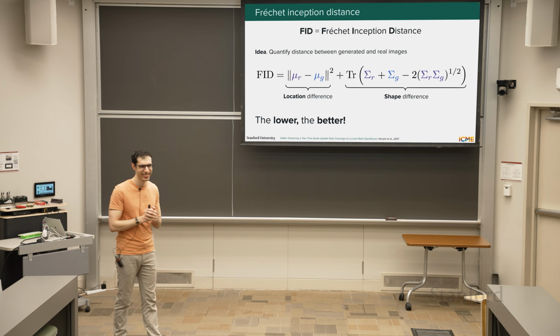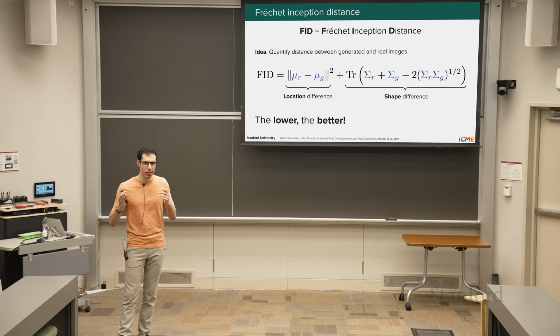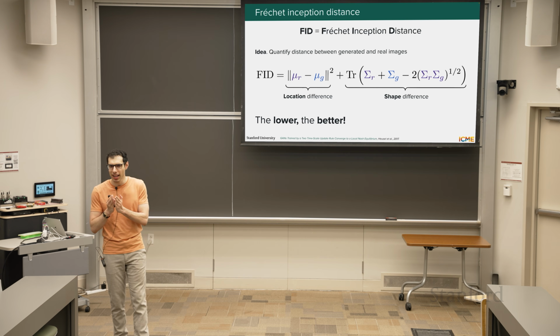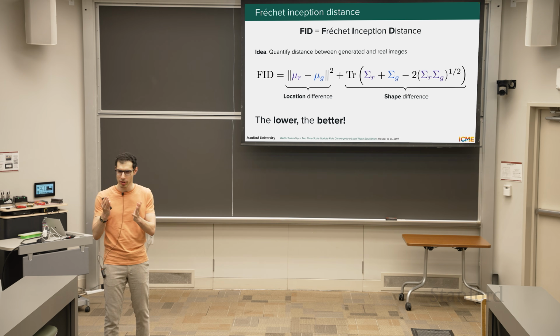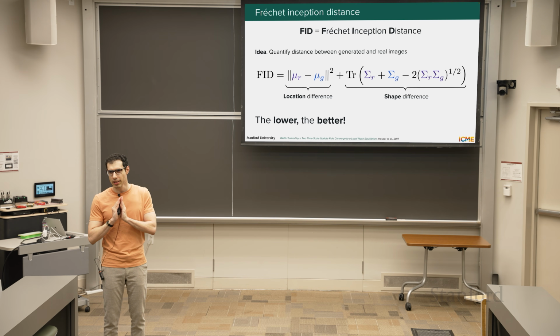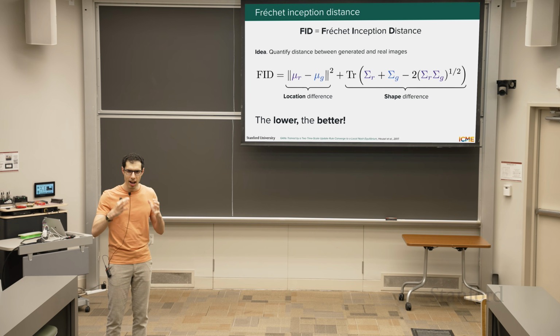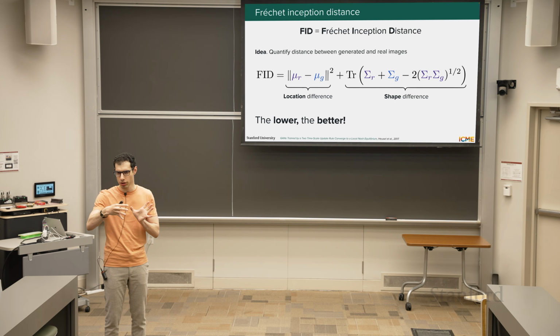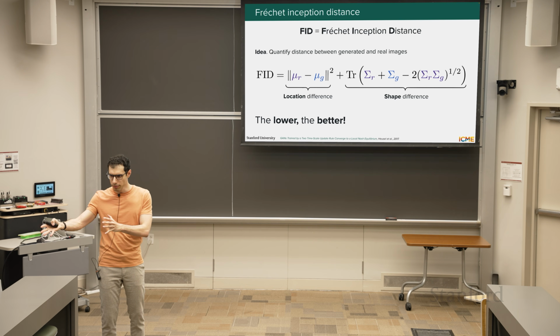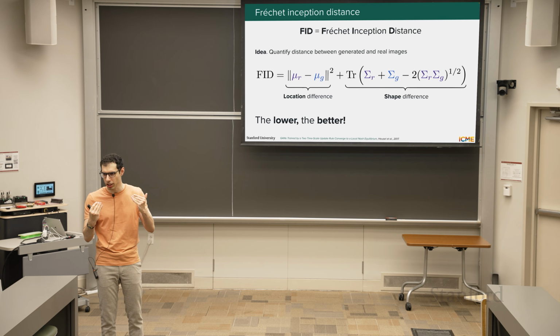Yeah. So the question is, can you say a little bit about how to interpret these terms and how this relates to these being Gaussian? We're not going to go into that, but the underlying idea behind this metric is to quantify how much effort you would have to make to transport one distribution to another. You can think of it as a formula that has this interpretation.